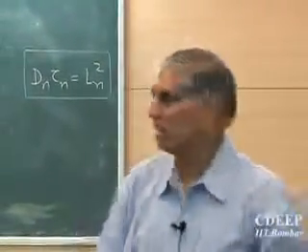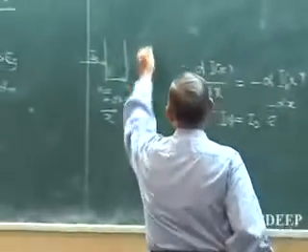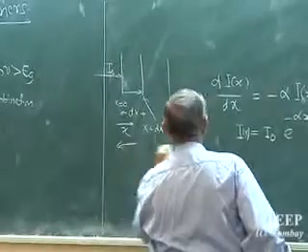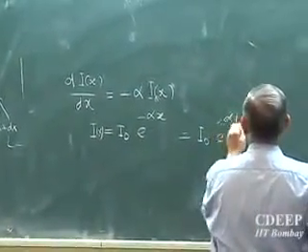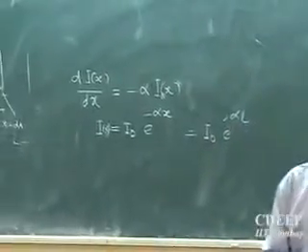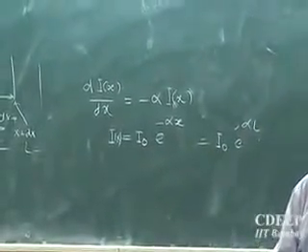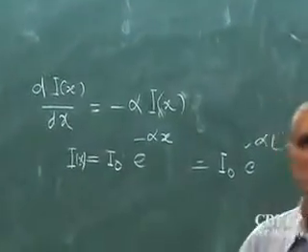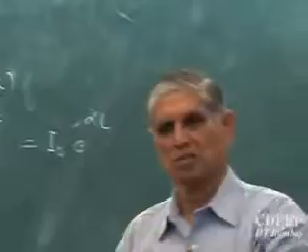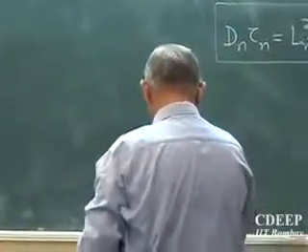Is that correct? So let's say the total length is L, then it is e to the power minus alpha L. This is the intensity at a distance L. You can always calculate how much intensity is within the material, at any point. This is what we are going to use in all our calculations.